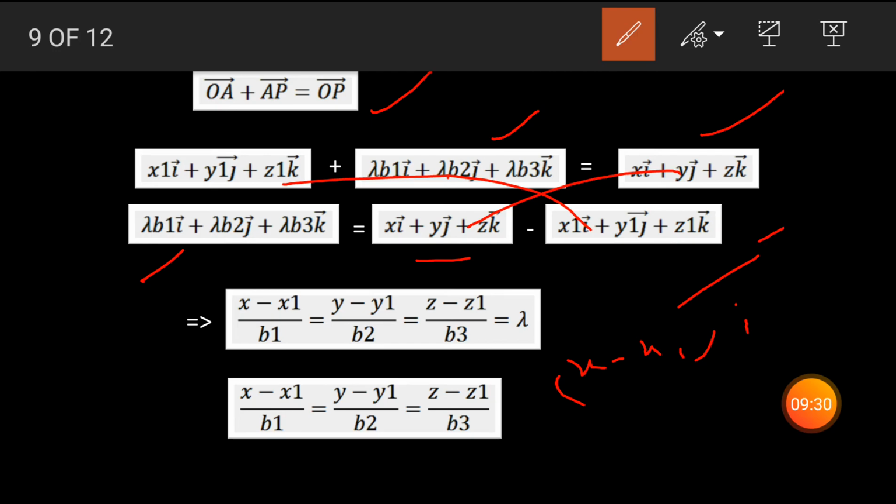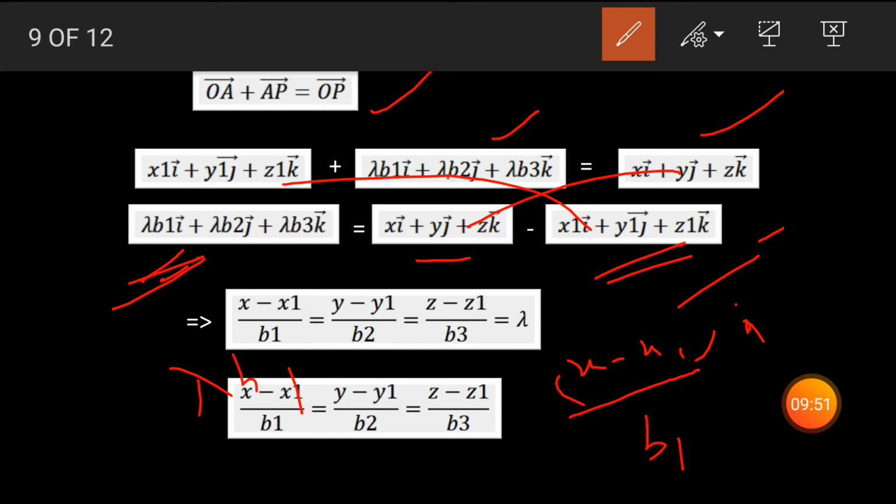Now you compare the scalar components of both sides. The first is x minus x1 equals lambda times b1. So what is the value of lambda? Lambda will be x minus x1 upon b1. Okay, so this is what you are going to get.